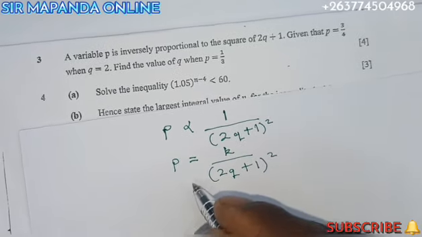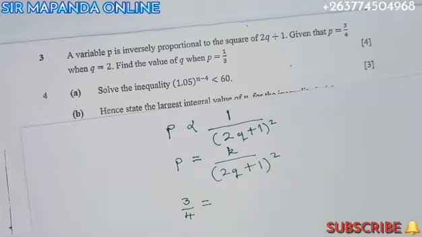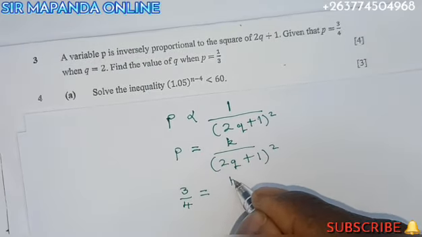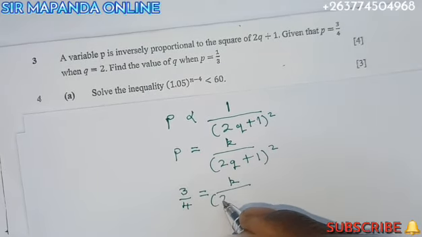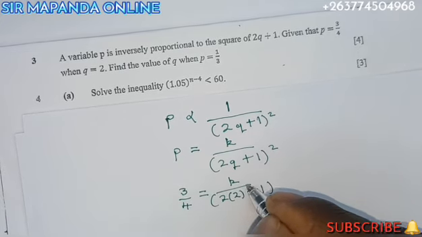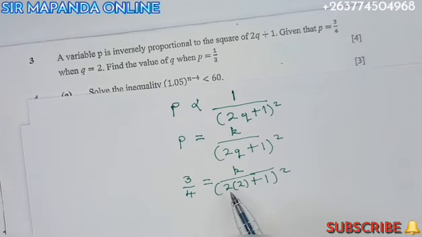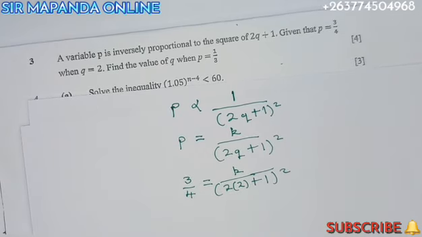So I'm going to put 3/4 on P, right? Then you write K all over 2 open bracket, then you put 2 on Q, plus 1 squared, something like this. So 2 times 2, you get 4, plus 1, you get 5. If you raise the 5 with power 2, it becomes 25.